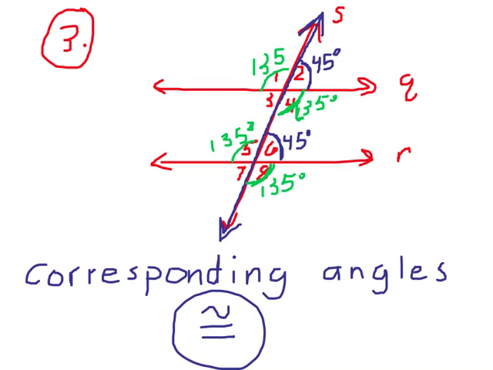And we know that angle 3 and 7 are congruent because they're corresponding. We know that angle 2 is 45. Angle 3 must be 45 because 2 and 3 are vertical angles, and vertical angles are congruent. So this is also going to be 45. And angle 3 and 7 here are both 45 because they're corresponding.